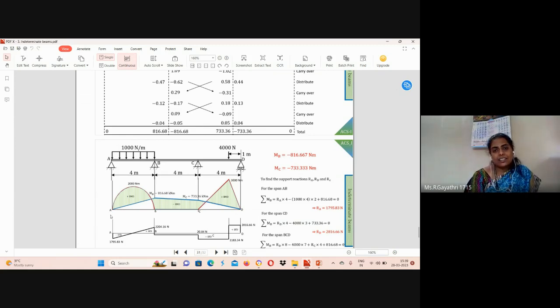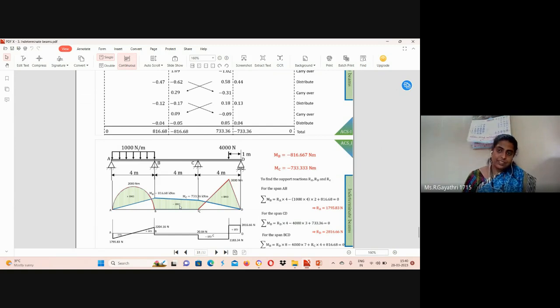We can connect these values 0 to 816 and then 735. Again, we need to connect MC value and moment at D 0. Above MB and MC, we can see positive value. Till MB and MC, we can see negative bending moment. Okay, bending moment diagram over.